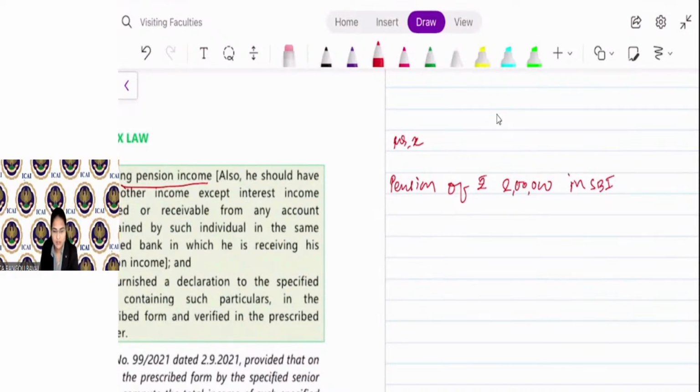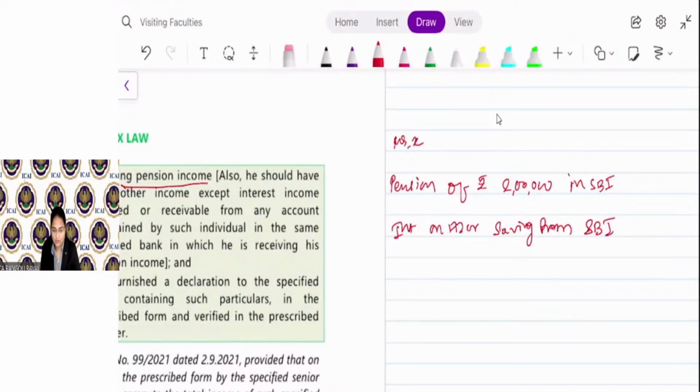Now, for the benefit of 194P, his other income should be interest on FD or savings from State Bank of India only. So say for example, if he is earning interest on FD from Bank of India, then in that case this section is not applicable. Why? Because for this section, he should have interest income from the bank in which the pension is received.